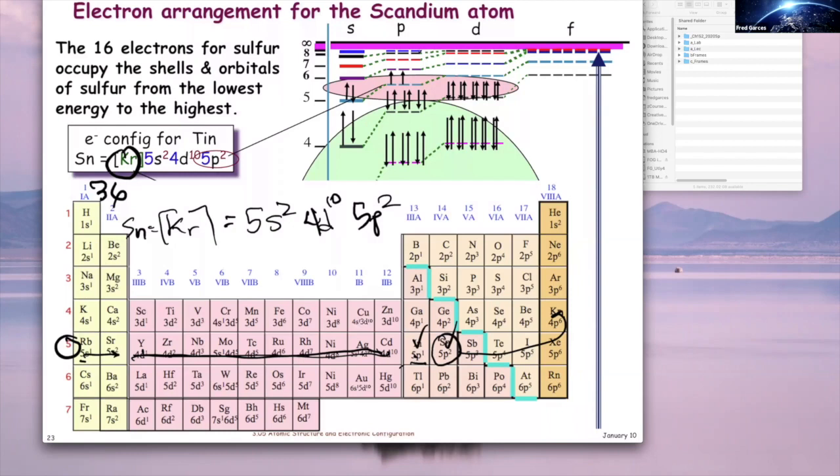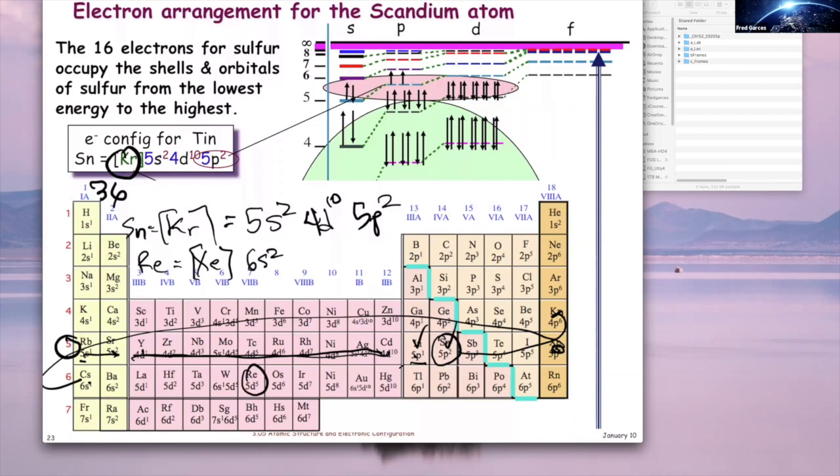If you want to do the electron configuration, say for rhenium, the previous noble gas is xenon. Let's walk from xenon to rhenium. That's 6s2. And then you have the lanthanide series.